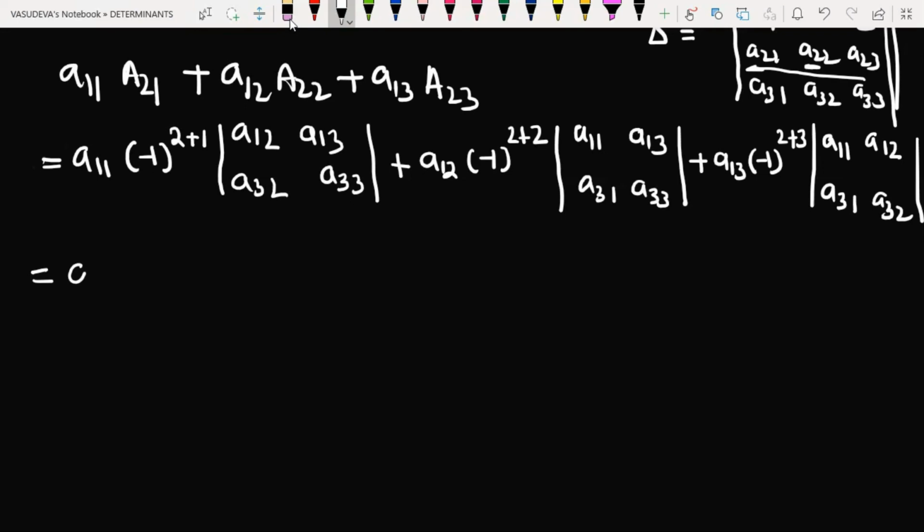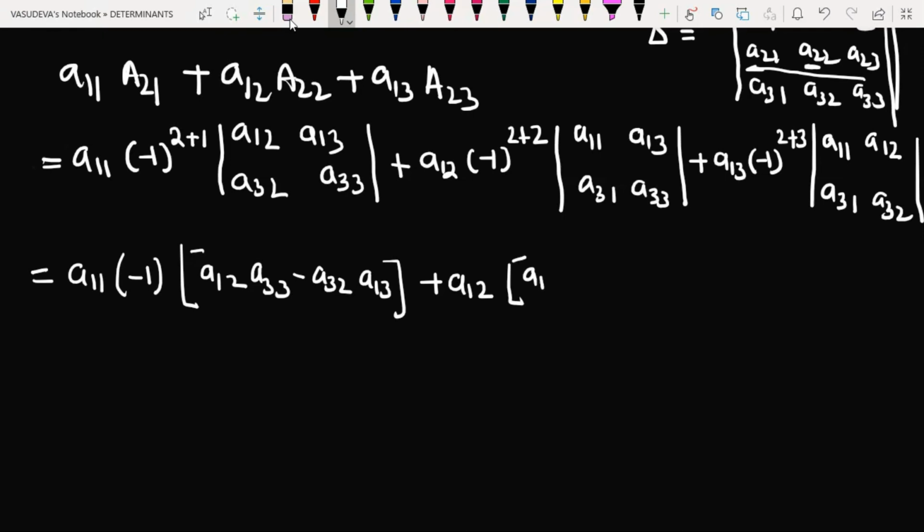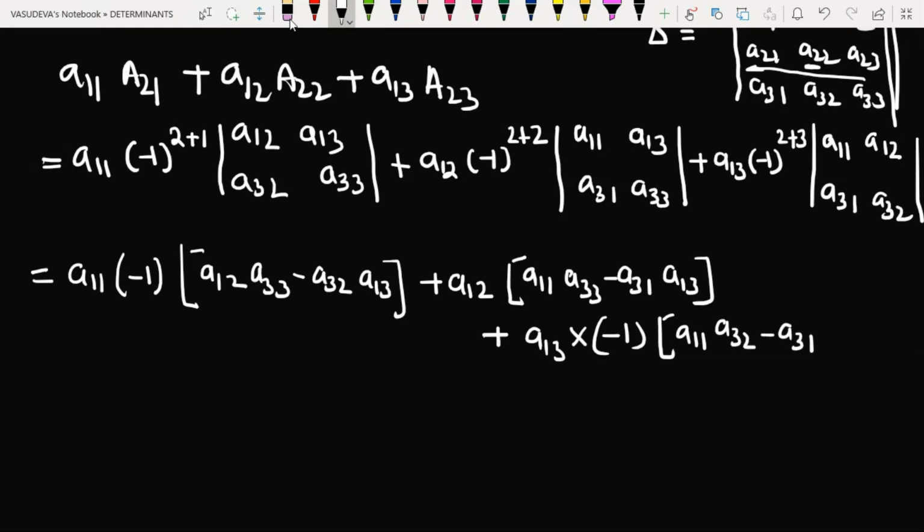Now expanding, minus 1 to the power of 2 plus 1 is minus, into A12 into A33 minus A32 into A13, and plus A12 into, it is positive, A11 into A33 minus A31 into A13, plus A13 into, it is minus 1 to the power of 2 plus an odd number, therefore minus 1 into A11 into A32 minus A31 into A12.